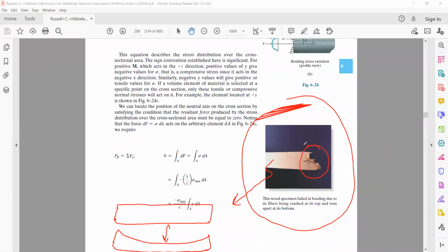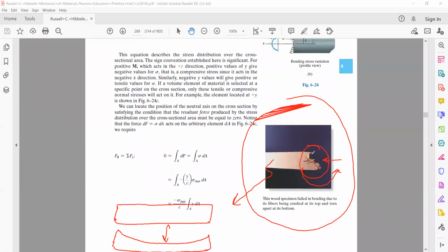If you look at this broken section, what has happened is that the fibers of the wood have been disengaged from each other. They have been disassociated from each other. It means there must be one more portion of this piece on this side, because under this failure, this piece of wood is broken into two pieces.